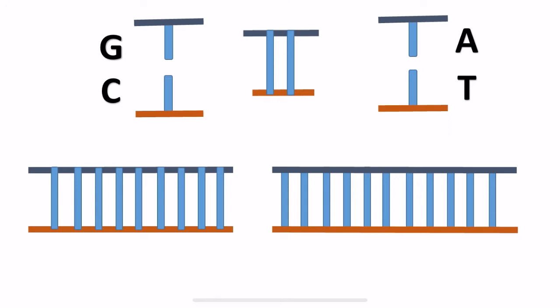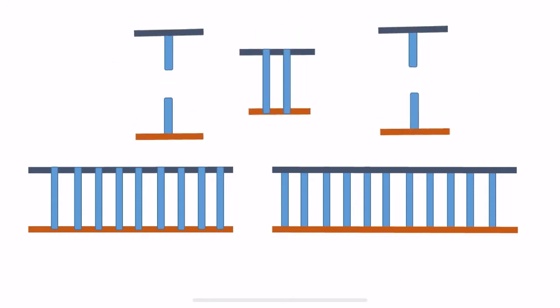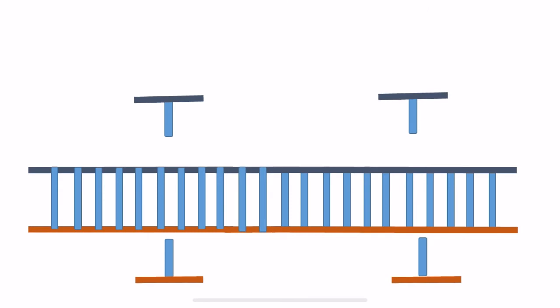G and C will bond together with a triple bond and A and T with a double bond. They are connected and interlink with each other, and together they form the whole DNA structure. This is how the DNA structure is formed with A, T, G and C. They are the basic nucleotides, the complex constructive units.